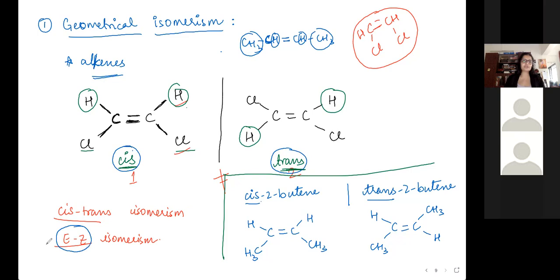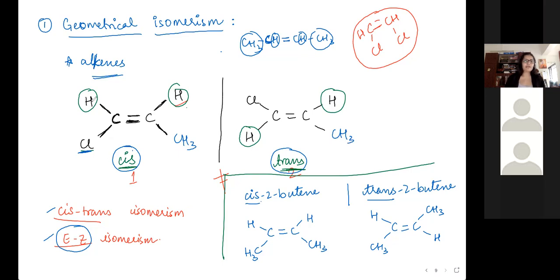This is also used in IUPAC notation. Difference between cis-trans and EZ is, notice how you have chlorine and chlorine here. But instead of chlorine, if I use a CH3 over here, now it's not exactly the same atom, right? Like एक side chlorine hai, एक side CH3 hai.